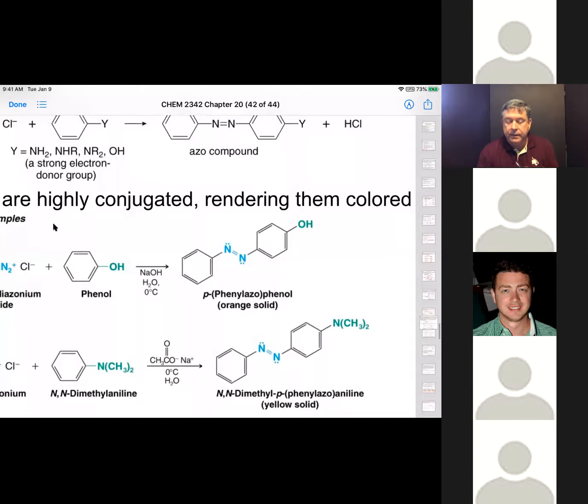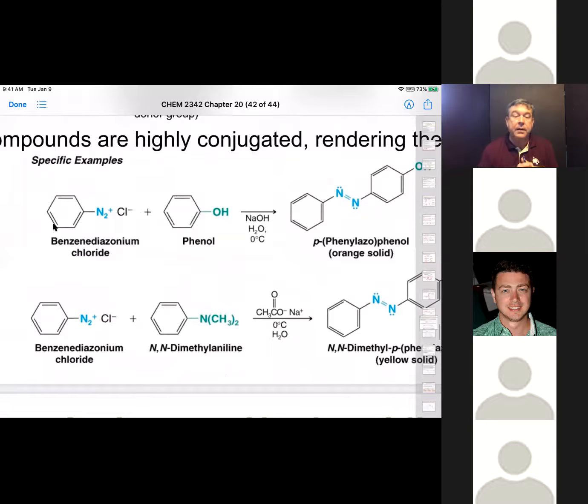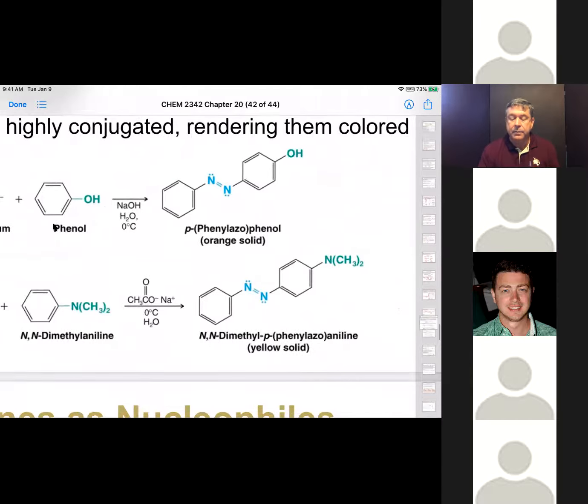In this case, if we use that same diazonium salt, and instead of using phenol, we use dimethylaniline, using very similar conditions right here, it just takes a little bit of base, and it will act as our electrophile and generate this compound here, which actually has a deep canary yellow color.